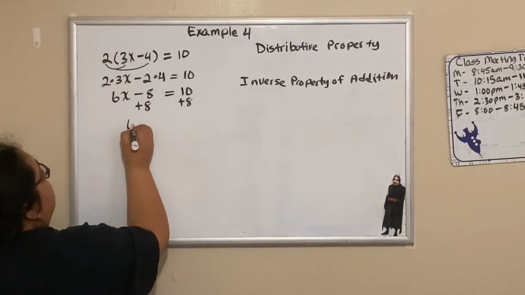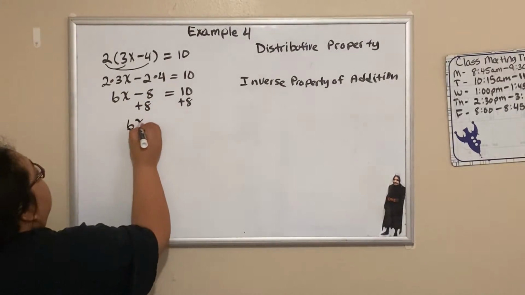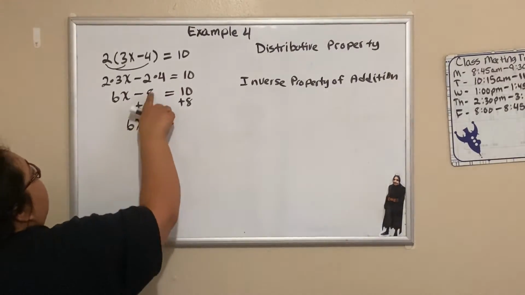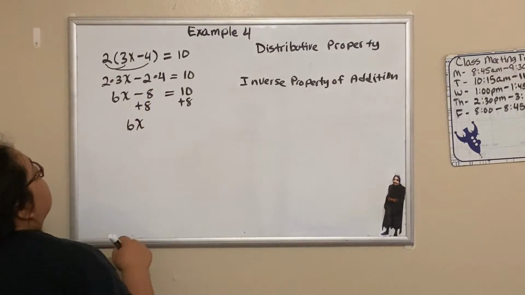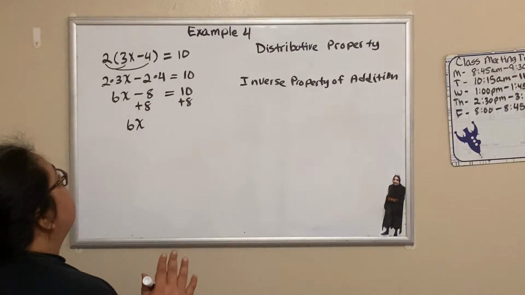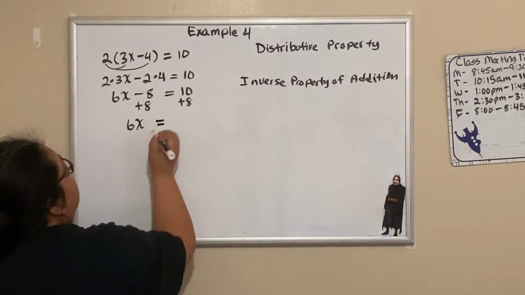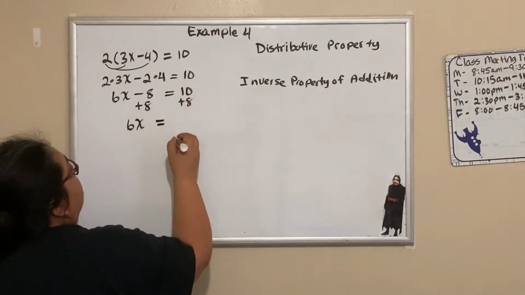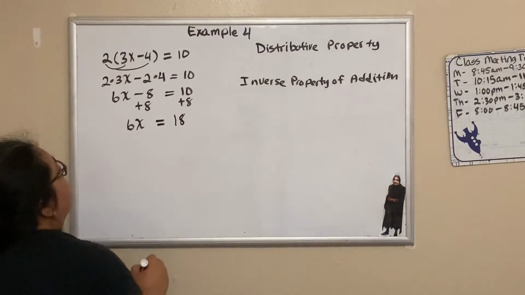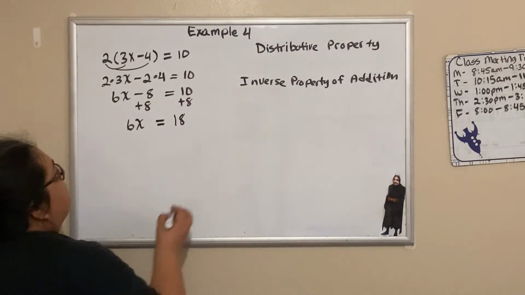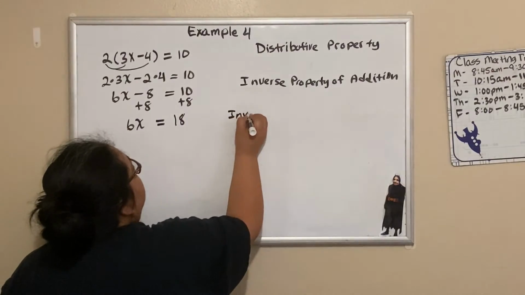And we get 6x, and then negative 8 plus 8 is 0, so I don't need to write that. That's going to be part of the identity property. So we're going to skip that, and that equals 10 plus 8 is 18.